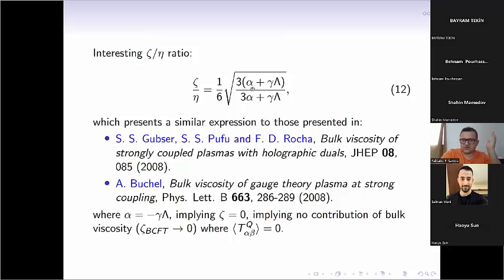What does this mean? This means that we have no contribution of the scalar field. Because if you see in the Horndeski action, the Lagrangian, the couplings alpha and gamma are related to the scalar field, right? And if we remove them, we go back to the usual results in Einstein gravity, of course, where both viscosities are zero and the energy momentum tensor is zero.